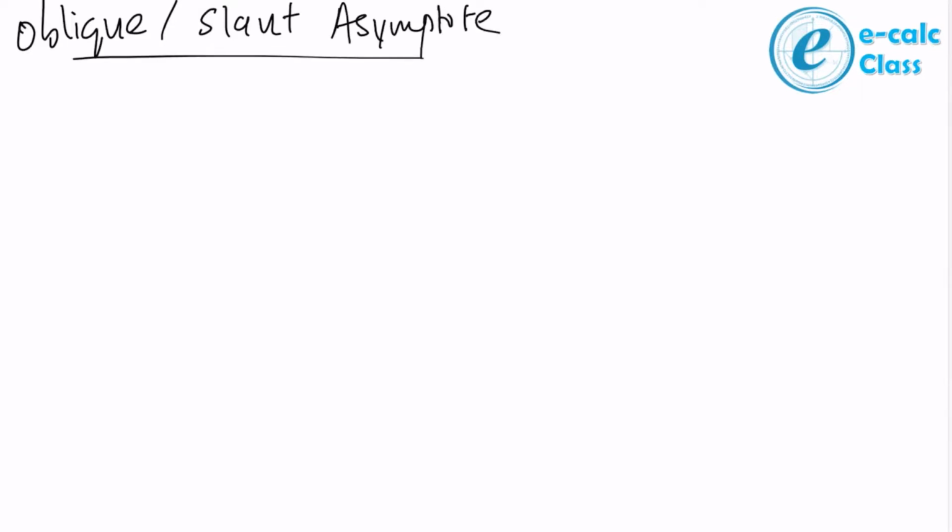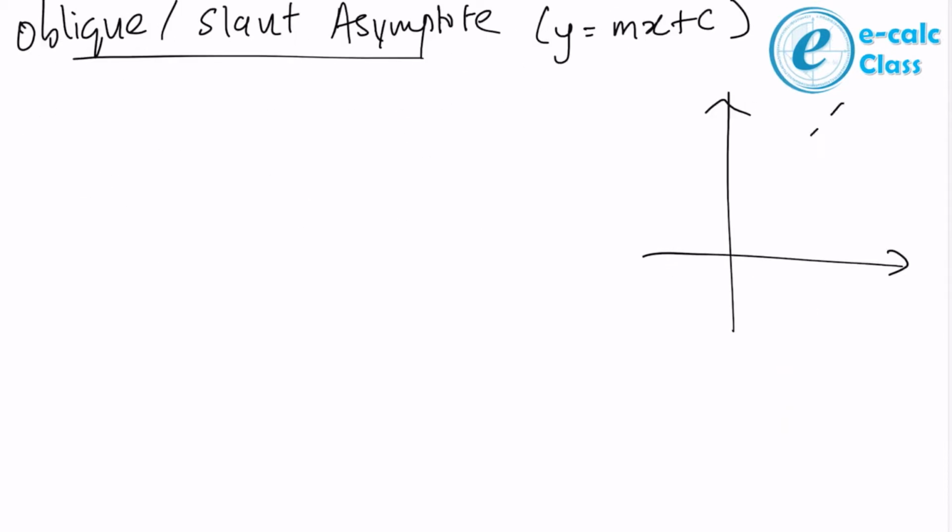Just now we have either y equals to something or x equals to something, one is horizontal, one is vertical. Now these slant asymptotes are like your linear equation, you can write it in terms of y equals mx plus c. So it is a linear equation line, and your graph somehow cannot pass through it, something like this.